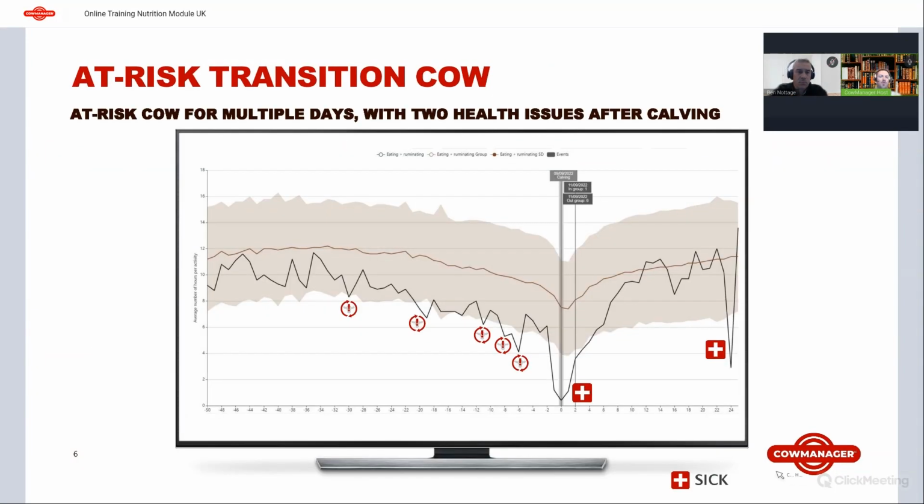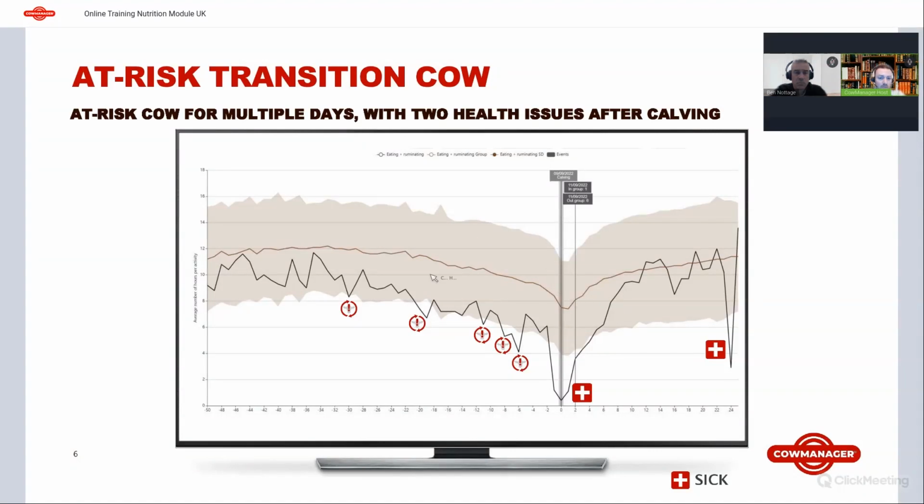So first of all, what does such a transition disease or transition alert cow look like? This is a graph of the transition period with this vertical black line that shows the day of calving. You can see this solid brown line, that's the eating and rumination time combined of the group or the herd where this individual cow is in.